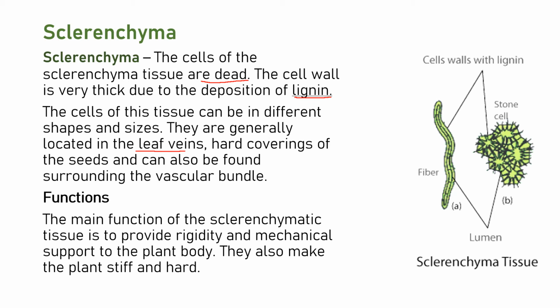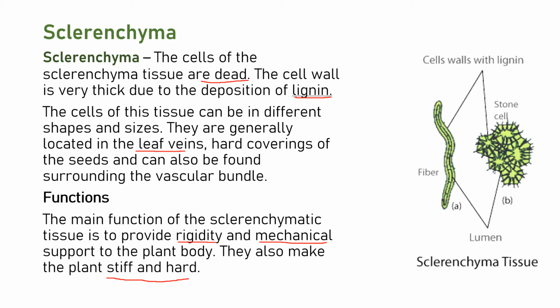Mechanical support is basically provided by sclerenchyma, though it is also provided by collenchyma, but not to that extent. It is mostly provided by sclerenchyma. They also make the plant stiff and hard. So these are the main functions of sclerenchyma.